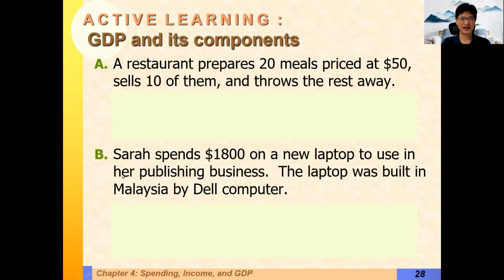Now, secondly, Sarah spends 1,800 on a new laptop to use in her business. So that's investment. But the laptop was built in Malaysia, not in China. So it was imported. So how does that affect consumption, investment, government spending, net exports?